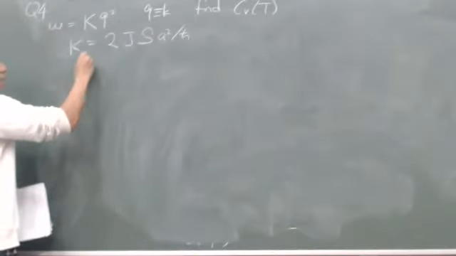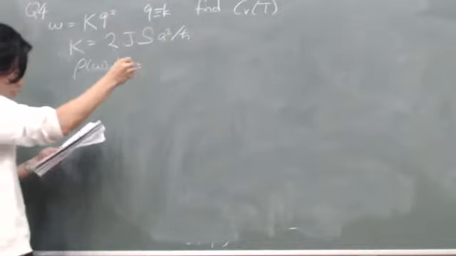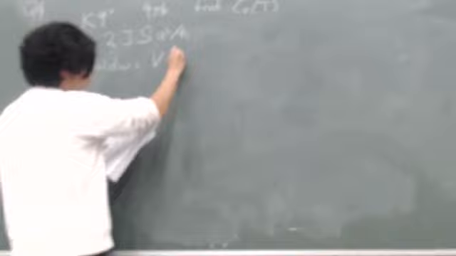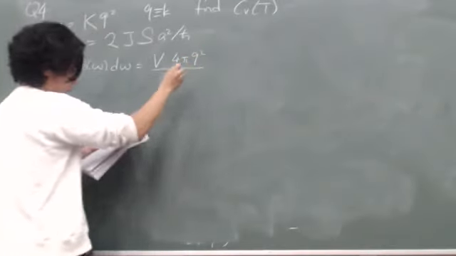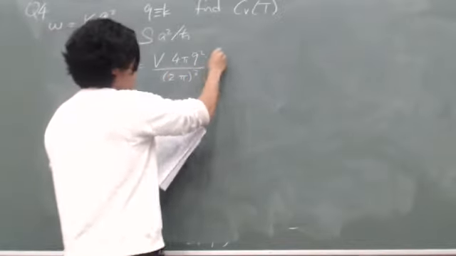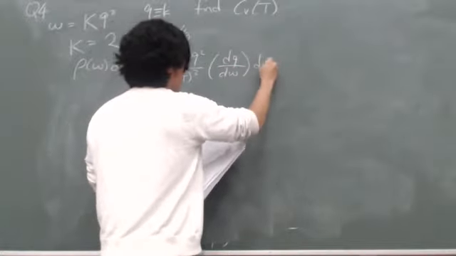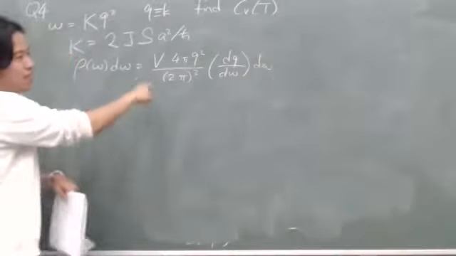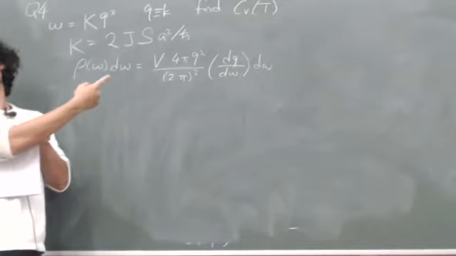And your density of states is also given to you, or you could write this down. So you get V times 4 pi q squared divided by 2 pi cubed, times dq over d omega. It looks a bit weird, but it's exactly the same as how we derived it before for sigma.